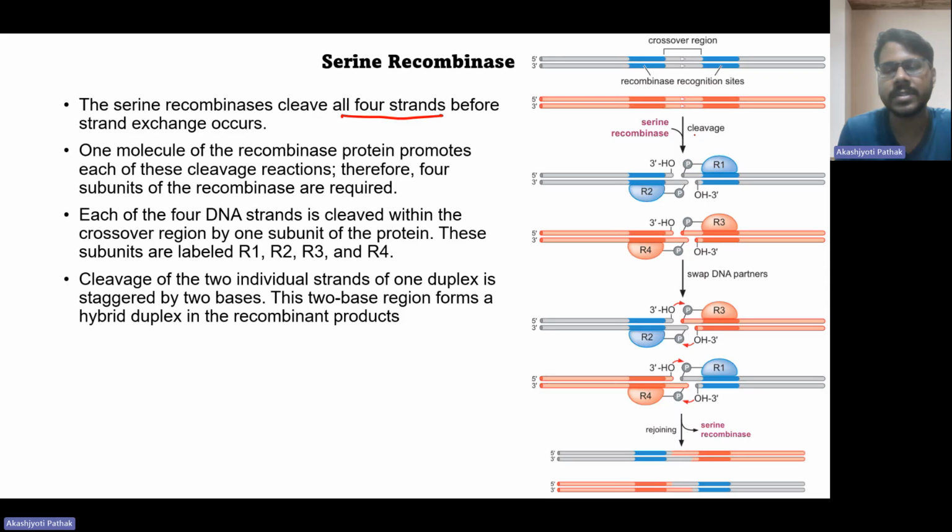So where is this cleavage? Cleavage is taking place in the crossover region, and this break is done by one of the subunits of this protein, and these protein subunits are labeled as R1, R2, R3, R4.